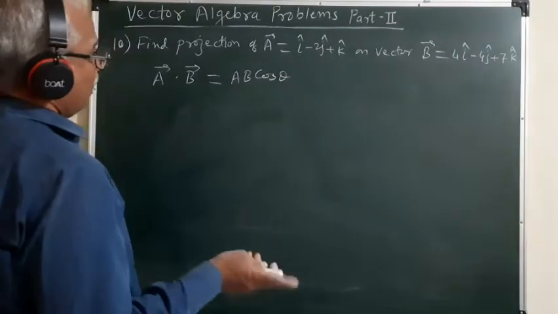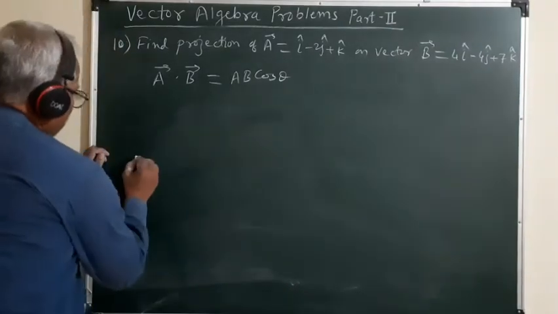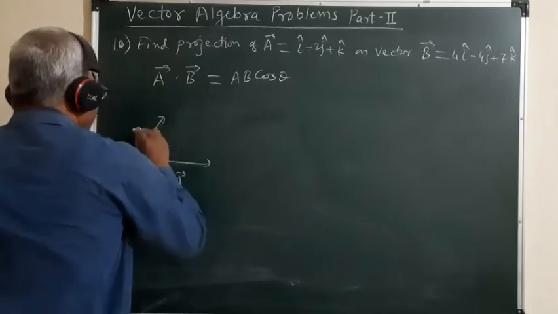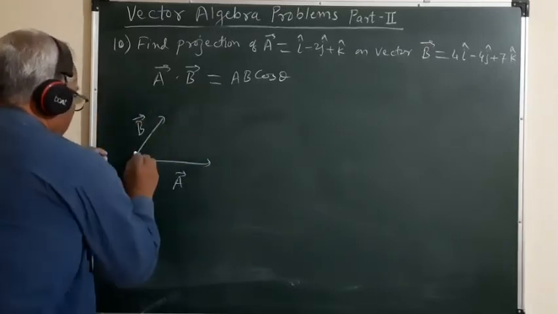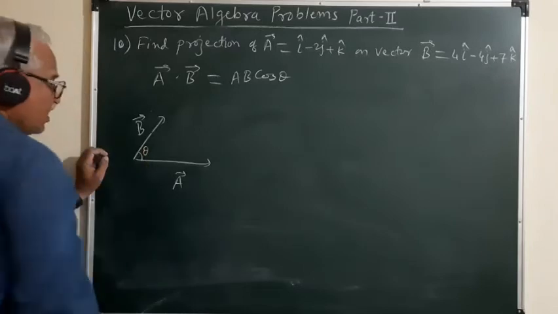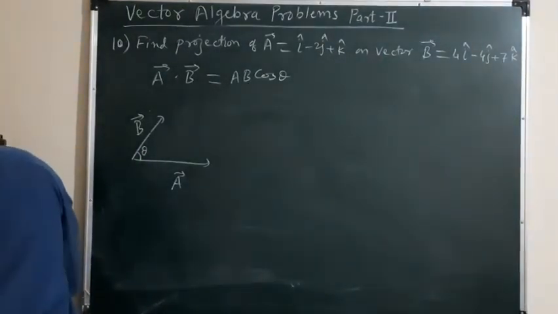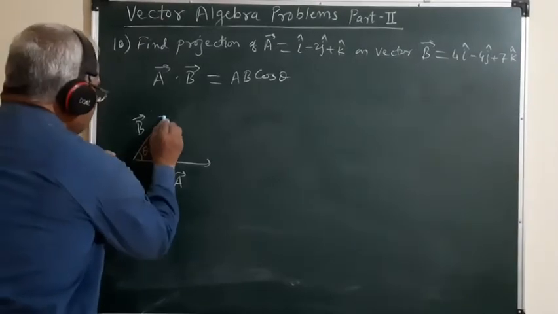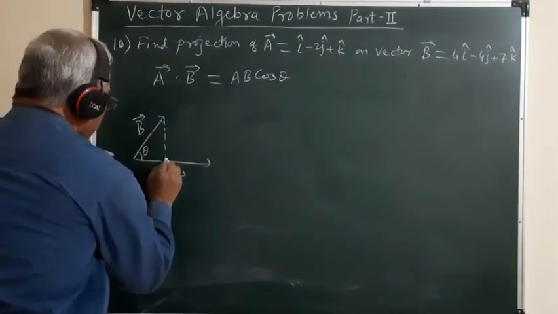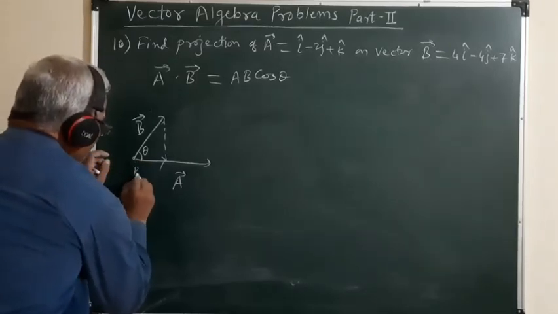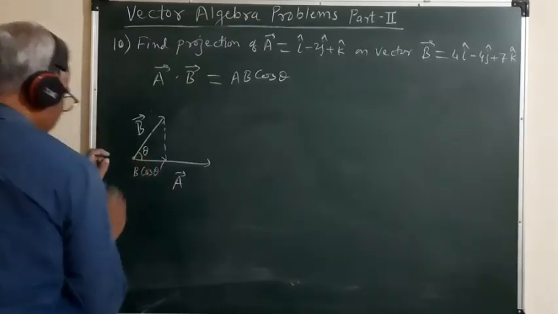Suppose we have this vector A bar and this vector B bar, and theta is the angle between these two vectors. Then the projection of the vector B bar in the direction of A bar is this vector, and this is nothing but B cos theta.